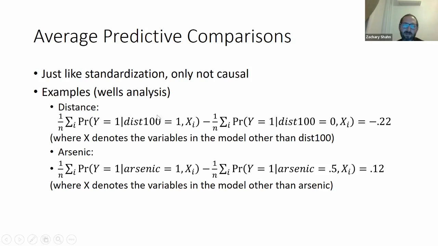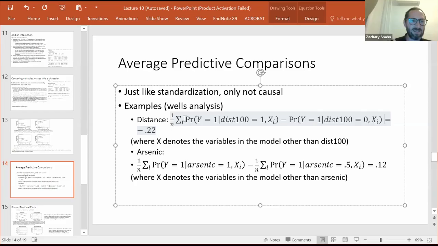So the difference between if dist100 equals 1 and 0, the difference in average probability of switching. It's the same thing as standardization, it's just not causal.